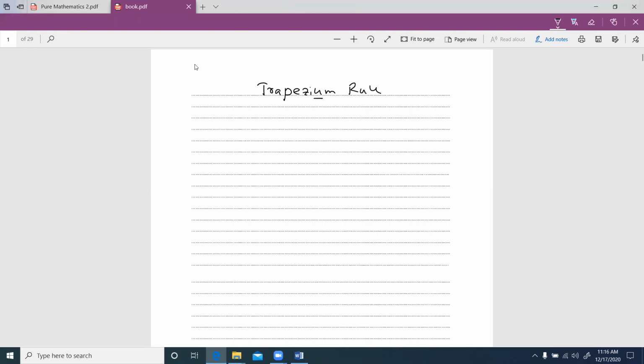Generally, we use this trapezium rule for integration where it's not possible to do it from usual integration formats. Let's go ahead with the basic theorem.